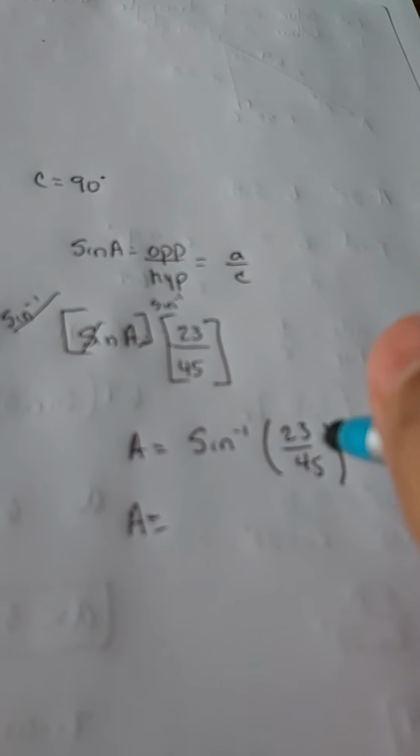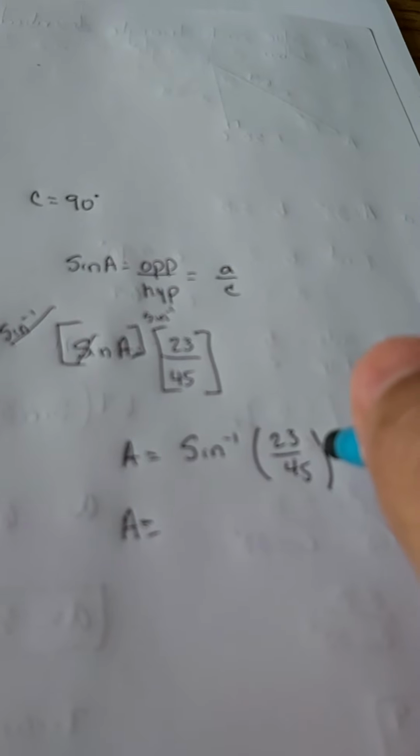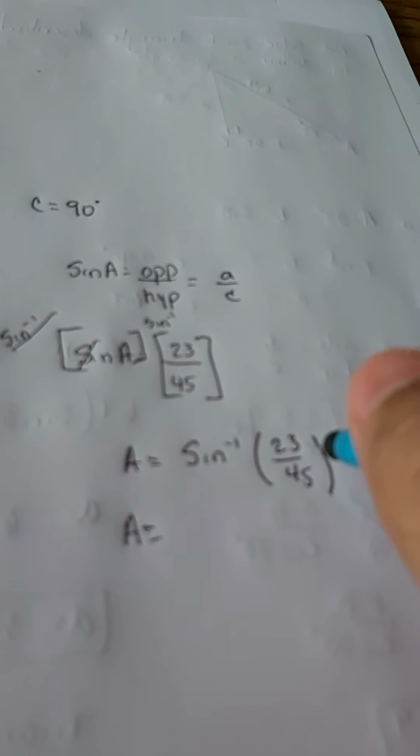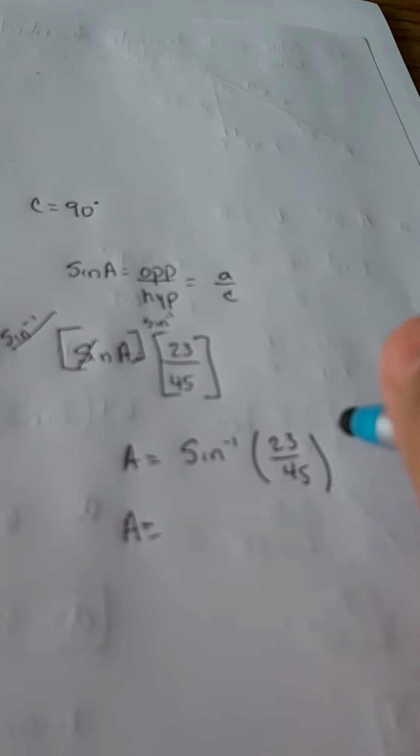Since these two are inverses, they cancel, and we get that A equals the arc sine of 23 over 45. So in your calculators, you're going to write shift sine, parenthesis 23 divided by 45, close parenthesis, and you will get as a result that A is about 30.7378.